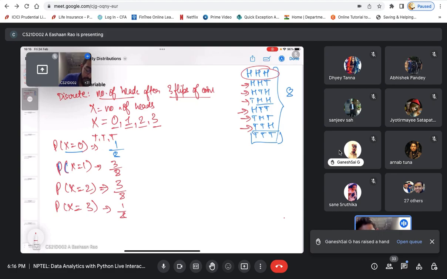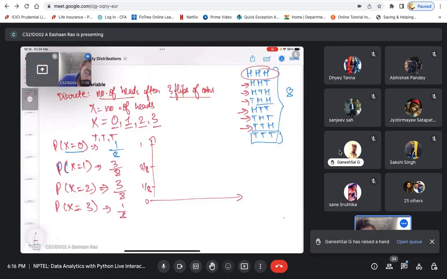Now these numbers you can obviously identify, but the interesting part is this. If you try to plot a graph of this, let's say here you have 0, it's 1 by 8, and it's 3 by 8 somewhere here, and somewhere here it's 1.